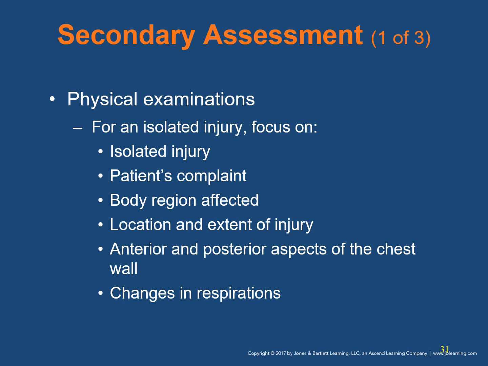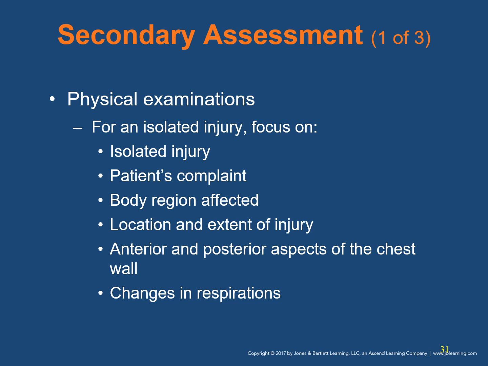Secondary assessment. Physical examination. For an isolated injury with a limited MOI, focus on the isolated injury, the patient's complaint, and the body region affected, ensuring wounds are identified and bleeding controlled.